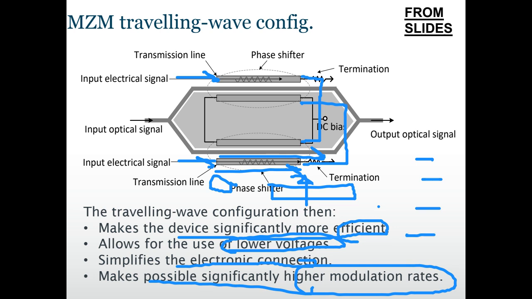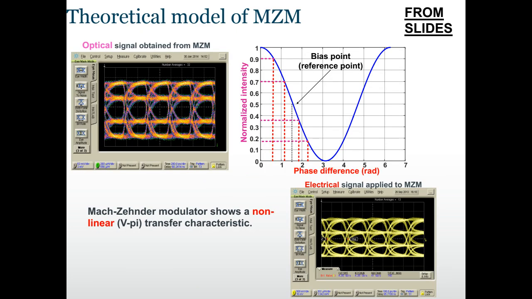So let's come back to the question: how the MZM works. This is the second level, where we have the traveling wave configuration. The third level is that the transfer function is a cosine function between the electrical signal and the optical signal. The cosine function is not strictly linear. This means the input amplitudes are equally spaced, but the output optical signal will have a bigger gap in the middle than the gap at the sides.